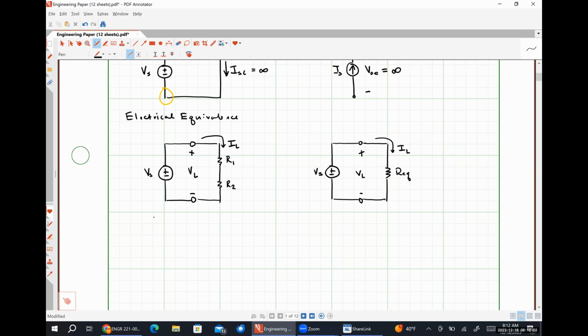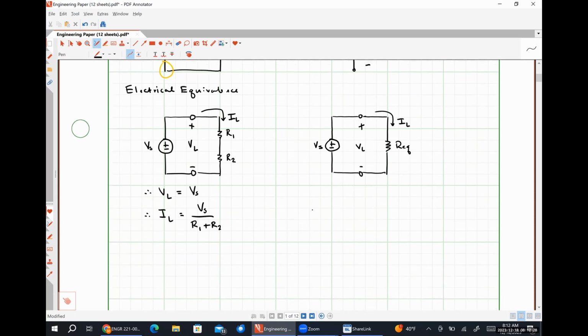So looking back at our left-hand circuit here, what would VL be? Vs. What would IL be? All right, so Vs divided by R1 plus R2.